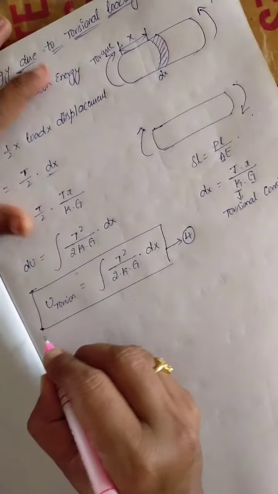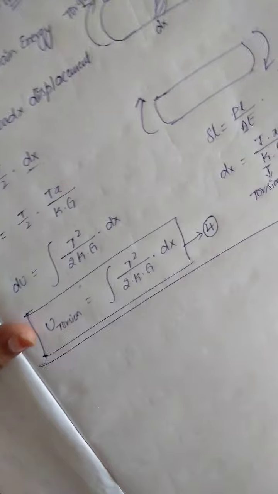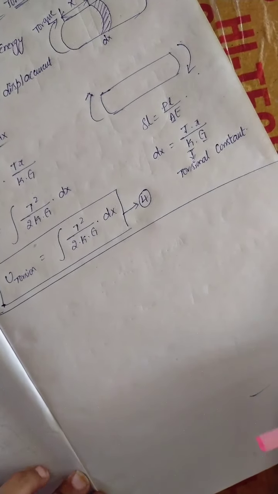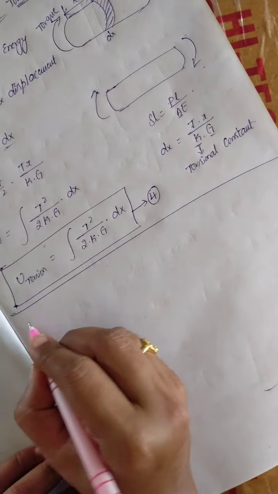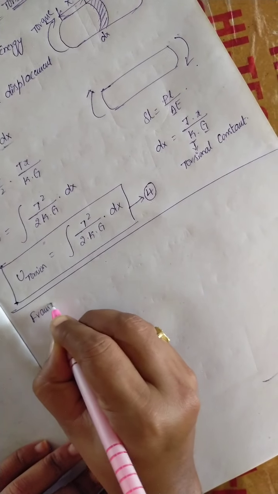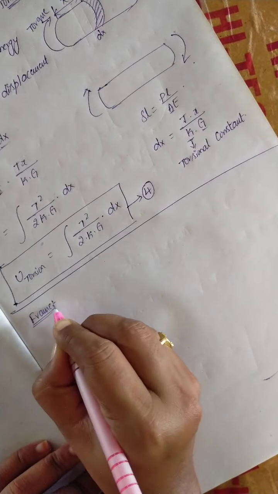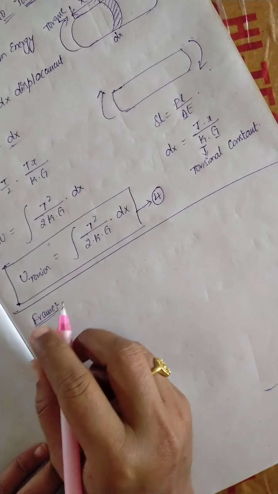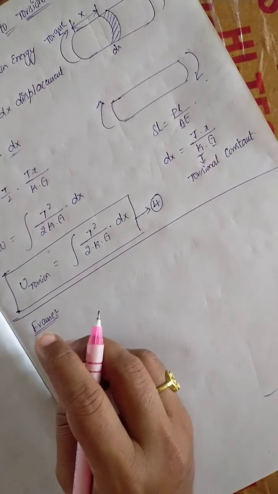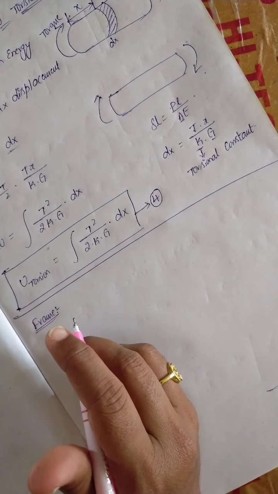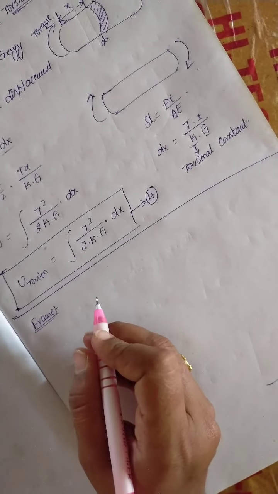So coming to the practical point of view, generally we have types of frames. You know what a frame is? Simply, it is like a skeleton. Without a skeleton our body can't stand. Like that, any structure requires a skeleton, and that skeleton we technically call a frame.